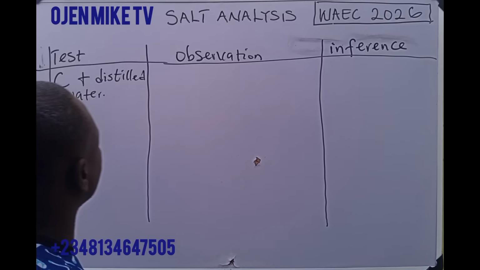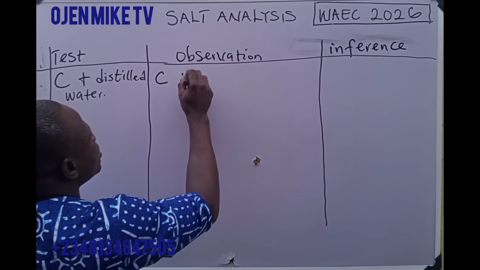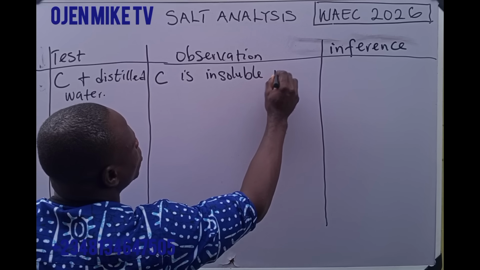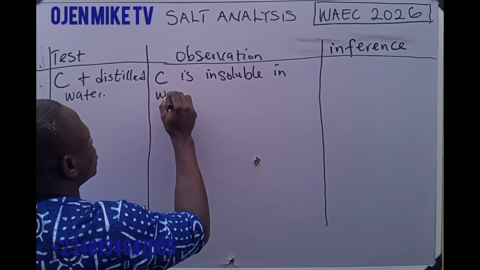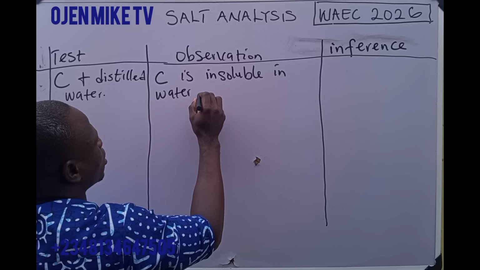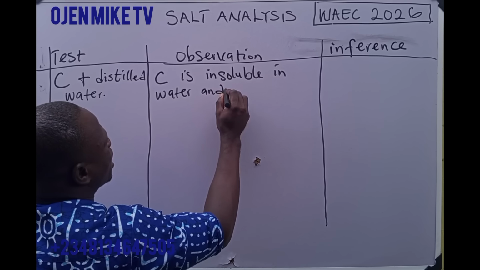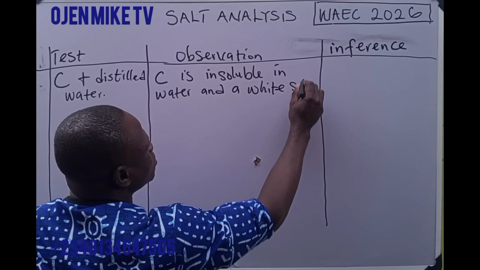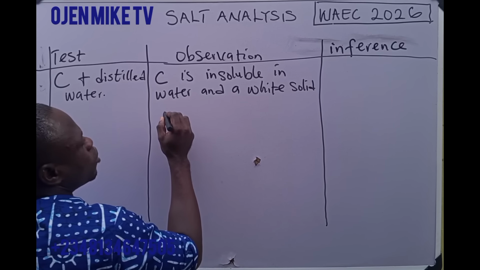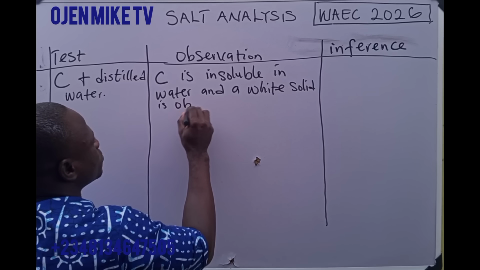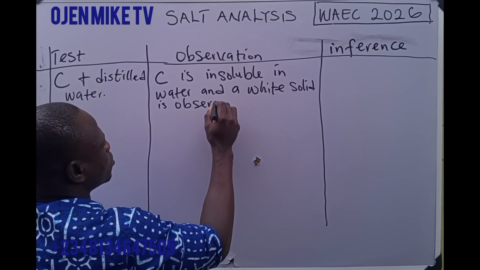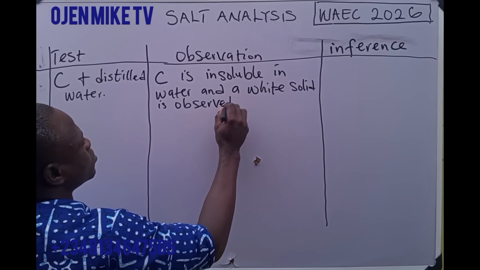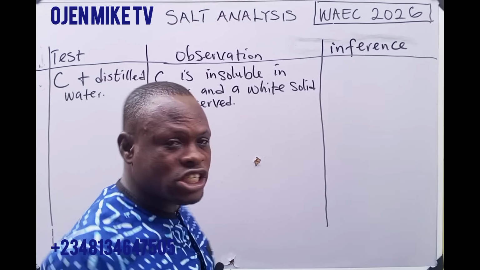So here in your observation, you say C is insoluble in water, and a white solid is observed.